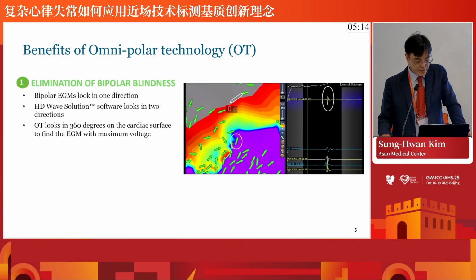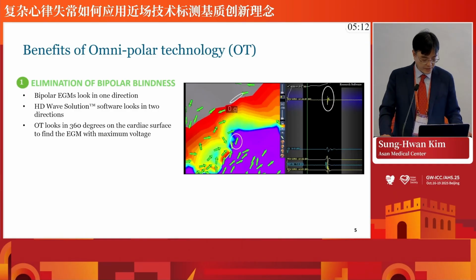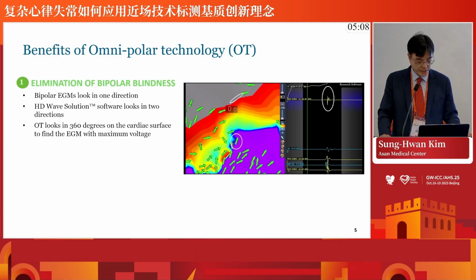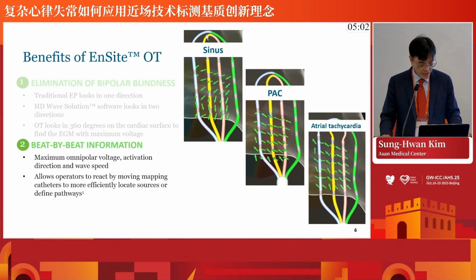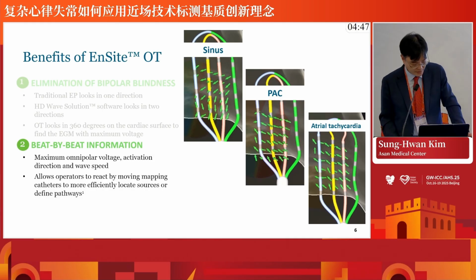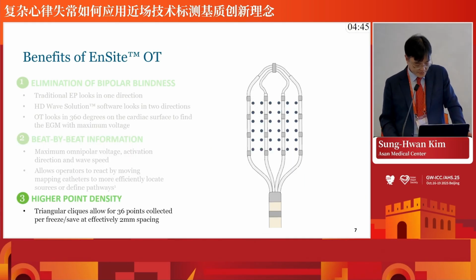The benefit of omnipolar technology: the bipolar electrode looks in one direction, but the high density grid catheter looks in 2 directions. We can get beat-to-beat information from the omnipolar technology. It allows operators to direct a moving map to efficiently locate the source of, or define, the pathway.